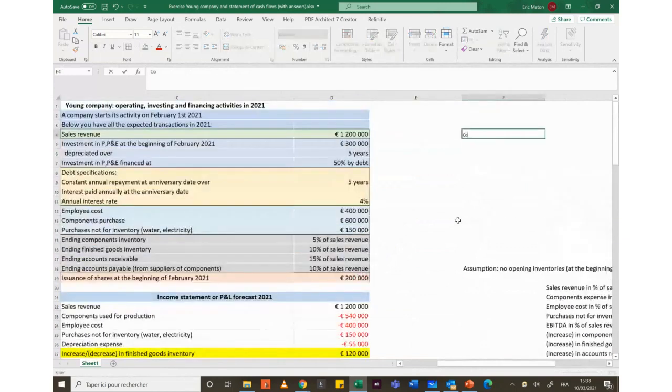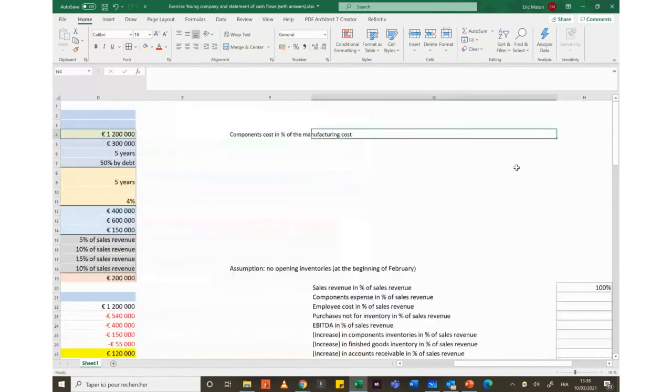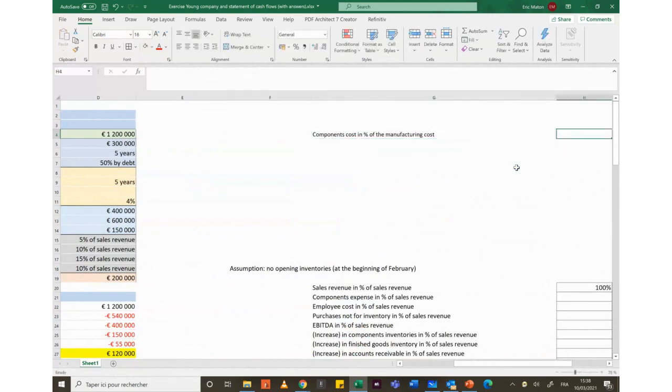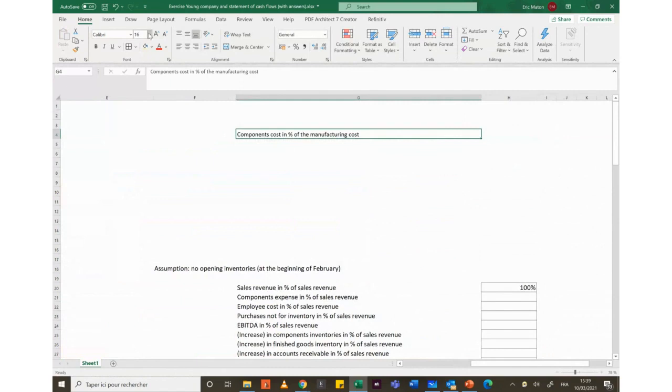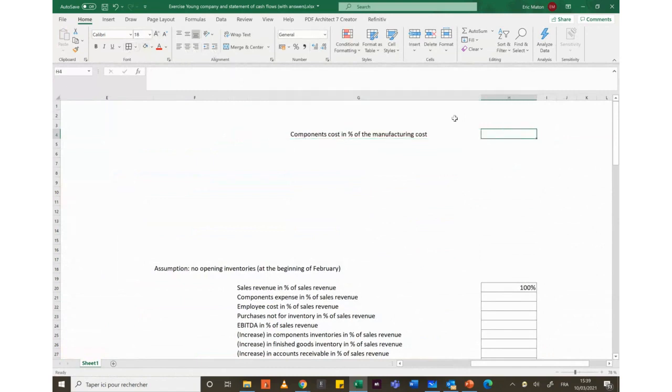Components in percentage, component cost in percentage of the manufacturing cost. So I suppose the components represent 40% of the manufacturing cost.